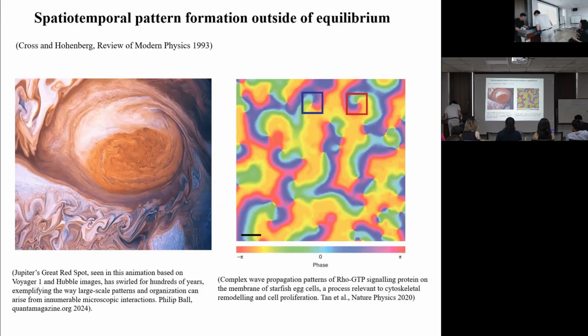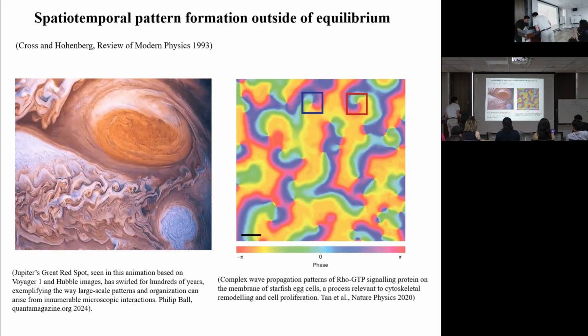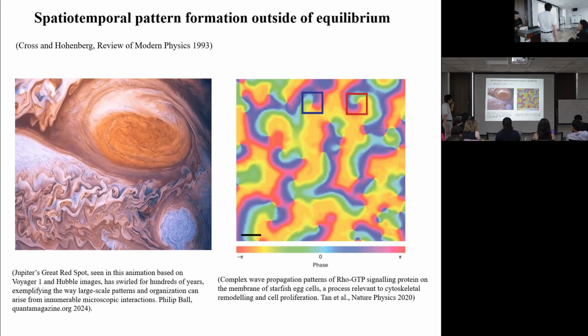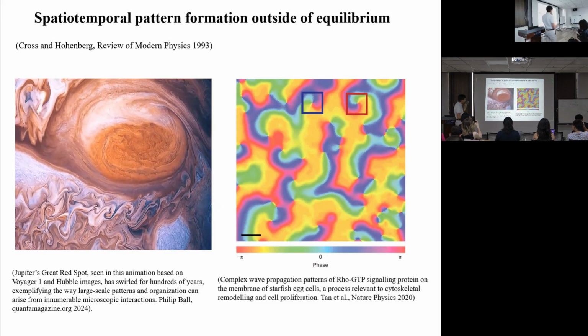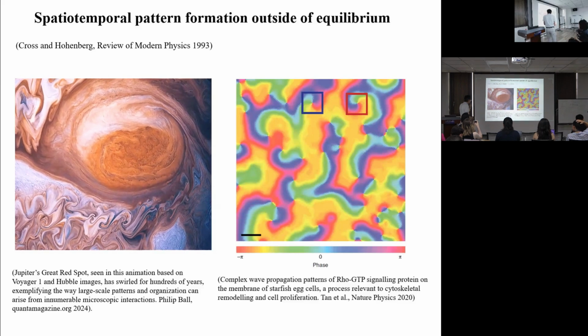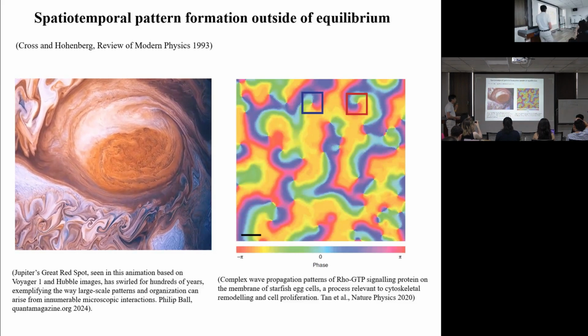This is a massive, coherent pattern of spiral waves, or vortices, as you may say, emerging in Jupiter's Great Red Spot. Okay, so this is really fantastic.